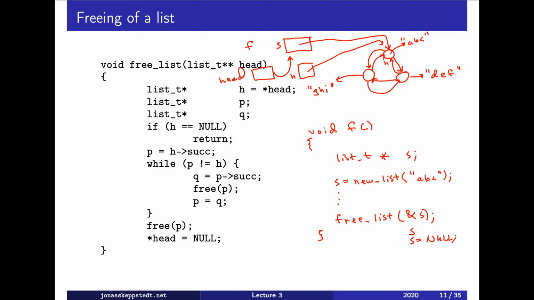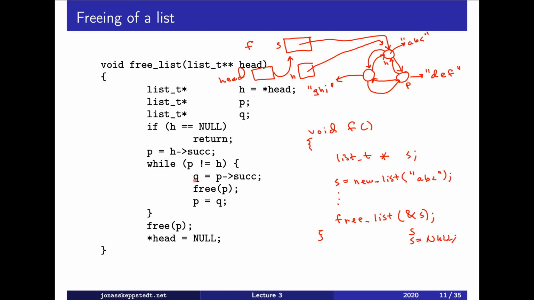So the first thing we do is to check if this is a null pointer, because then we shouldn't do anything. And then we say p is the successor of h. So let's say it's this one, so we set p there. Then we loop until we return to what h points to.